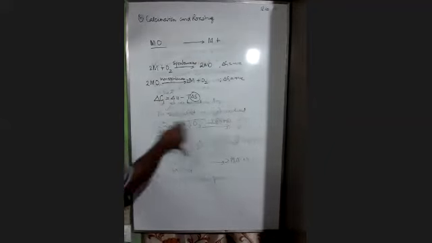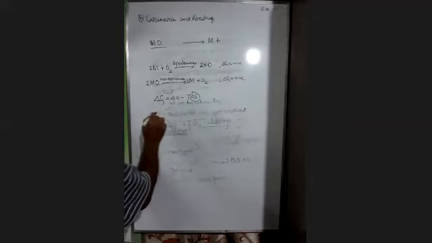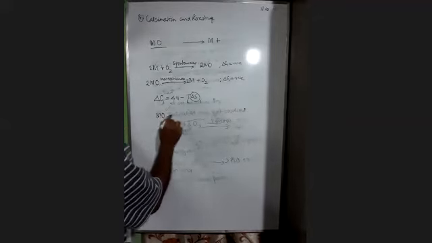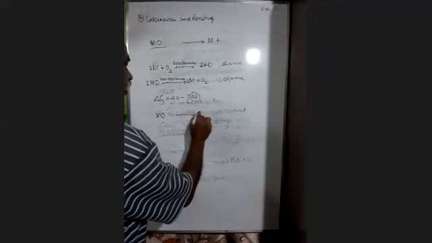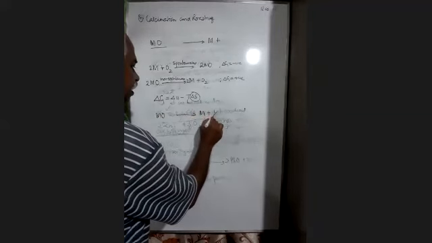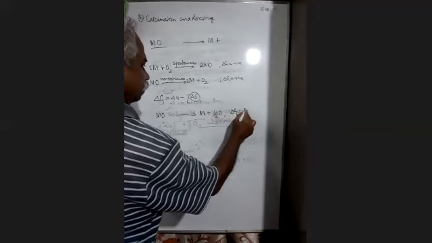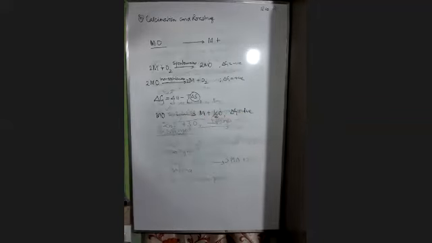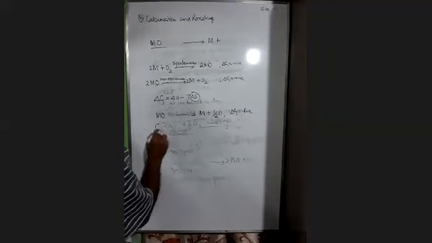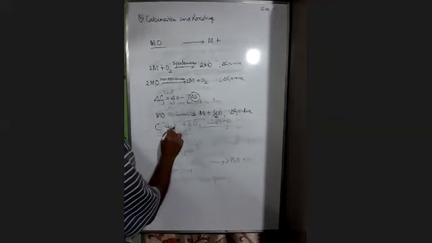Then what will we do? Suppose you have taken here MO, so M plus half O2. Delta G is positive. But suppose I have taken here carbon and oxygen.